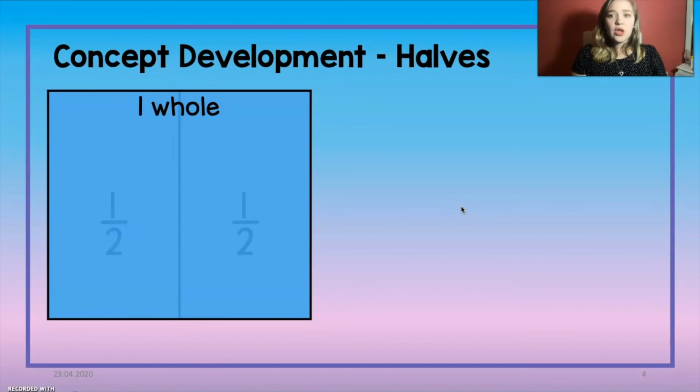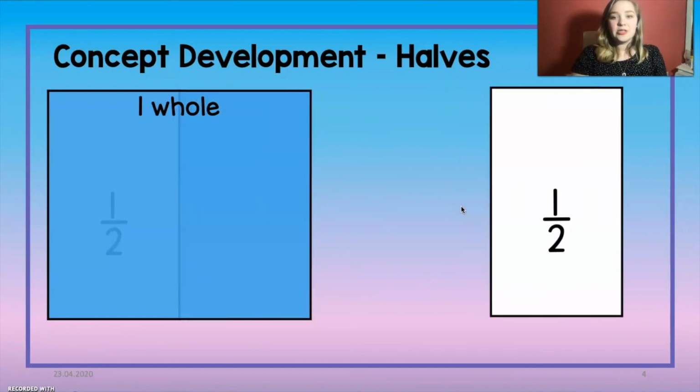So over on the left of your screen, I have a square. And this square is our 1 whole. It's an image to show 1 whole. Now, I want to split this whole into parts, into 2 equal parts.